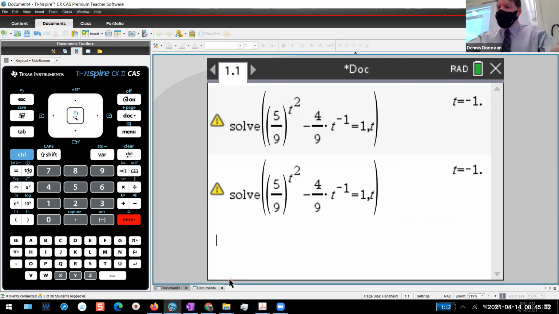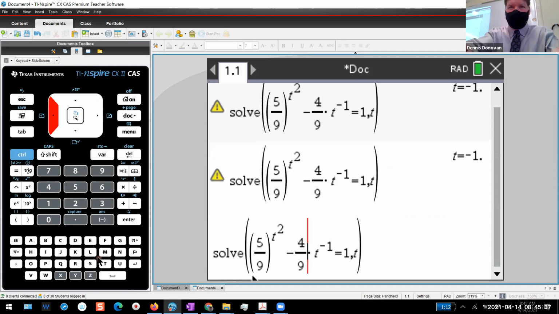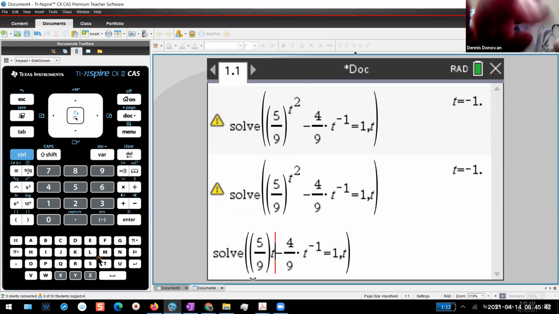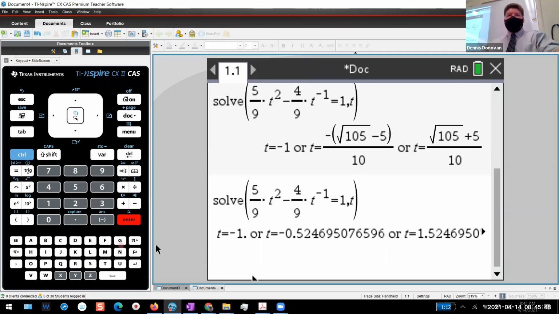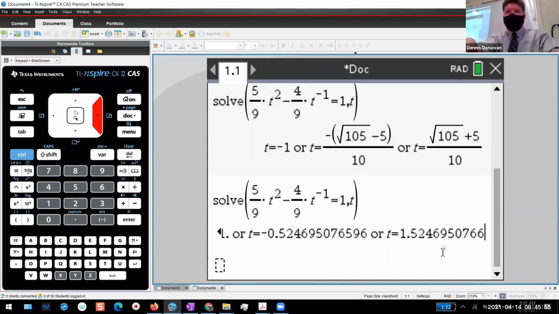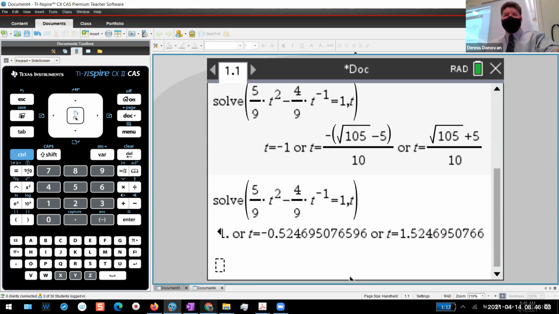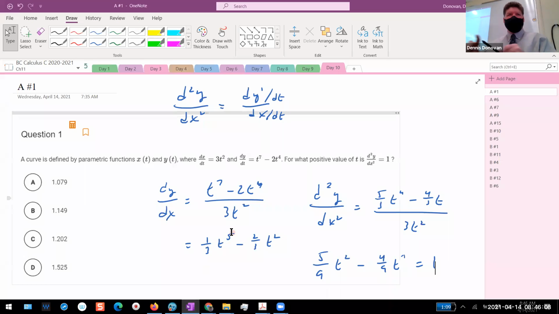Oh, t squared. So I don't think that's right. We get -1, or negative this, or 1.524. Any of those the solution? 1.525, yep. 1.525 is the rounded version of that. So that's D.